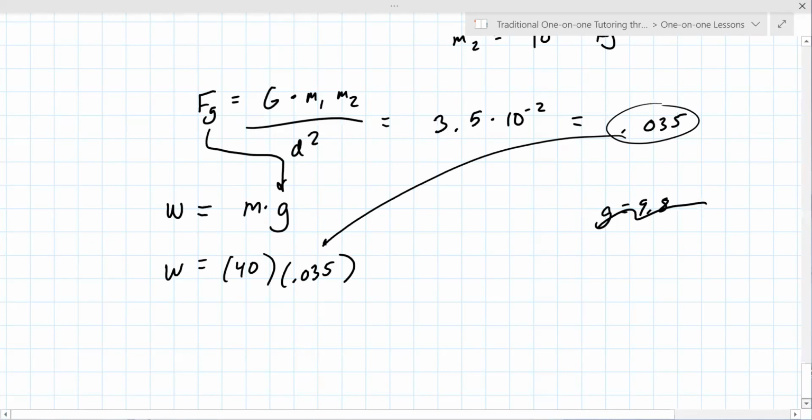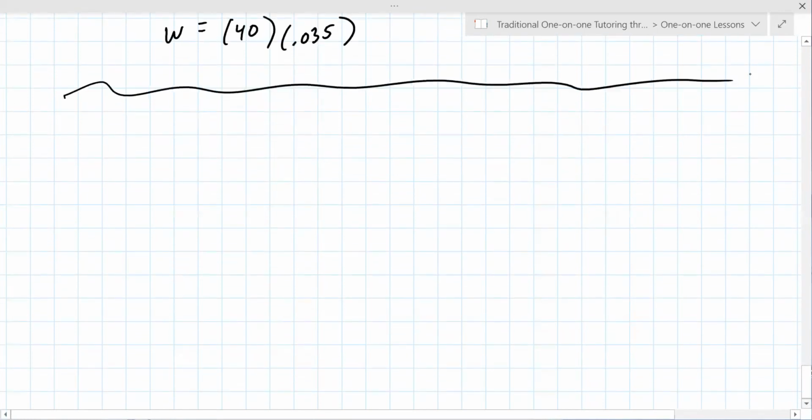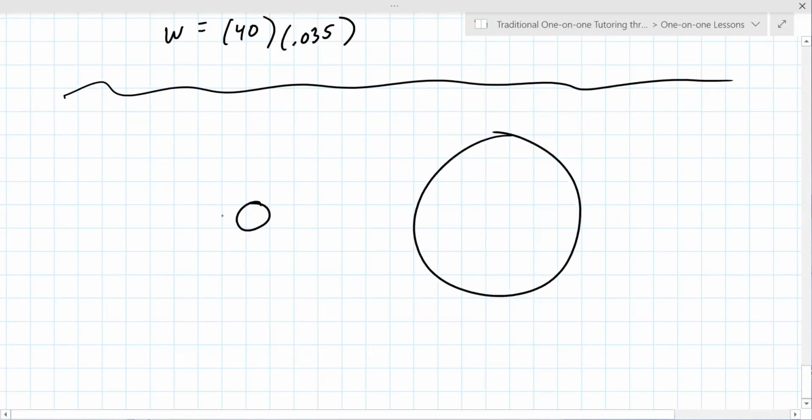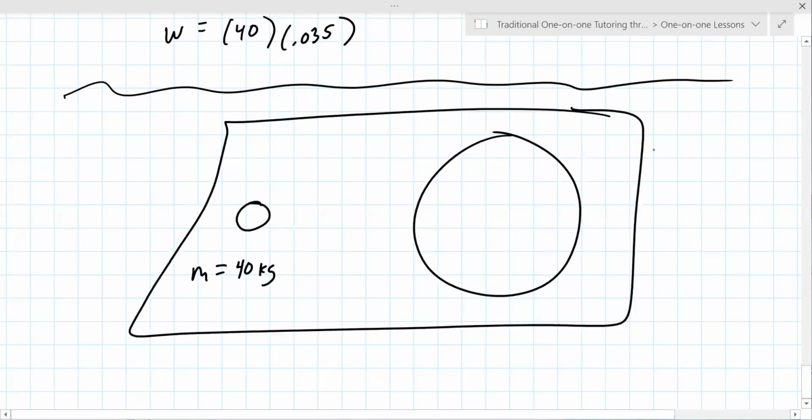Okay, so let me try to clarify this. Let's say you're here and something else is here, and you have a mass of 40 kilograms. There's a force of gravity in this system. You do all the calculations, and you find the force of gravity is 1.5.